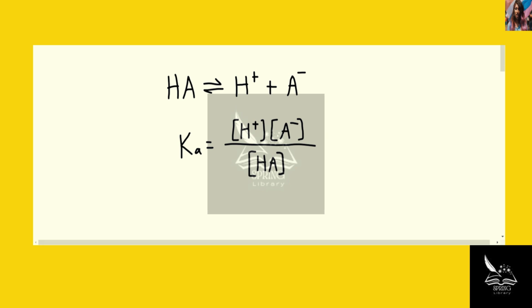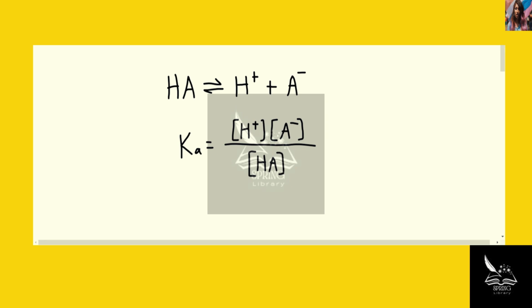We can use the Nernst equation in order to find the concentration of H plus ions that we have, and based on the fact that this is a one-to-one stoichiometry, that would also equal the concentration of A minus ions that we have. So we would square the concentration of H plus ions for the numerator, and for the denominator, we are told that we initially have 1.00 molar of this weak acid.